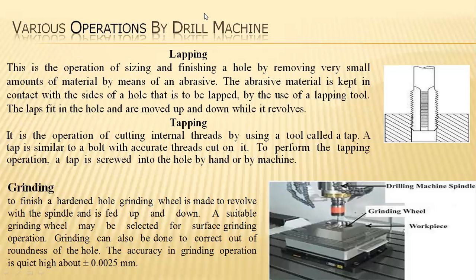The grinding process is the finishing process utilized over the material surface for getting a good finish by the grinding wheel, which revolves with the spindle and is also fed with up and down movements.